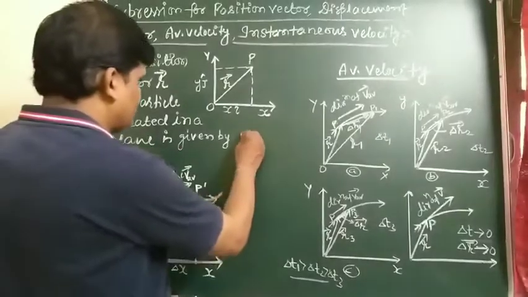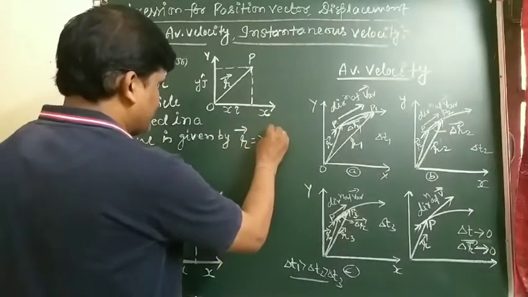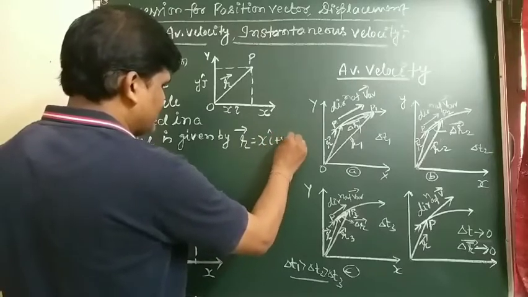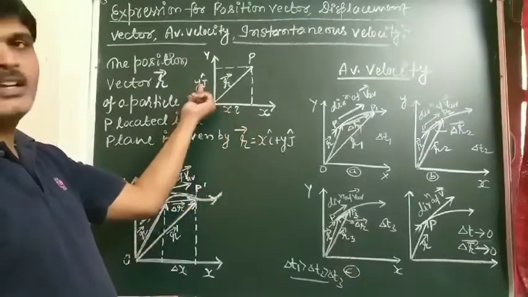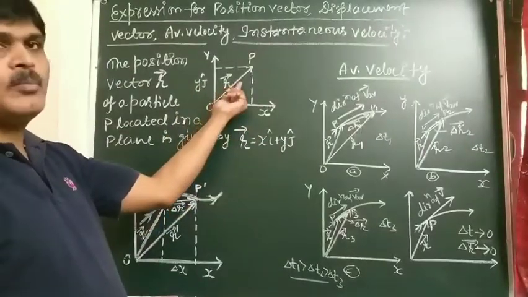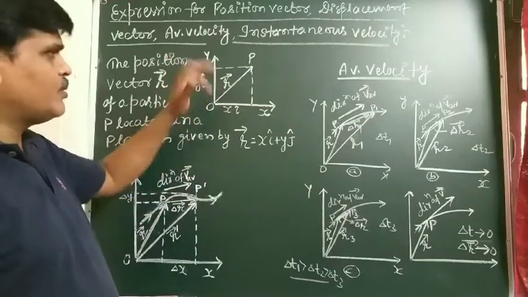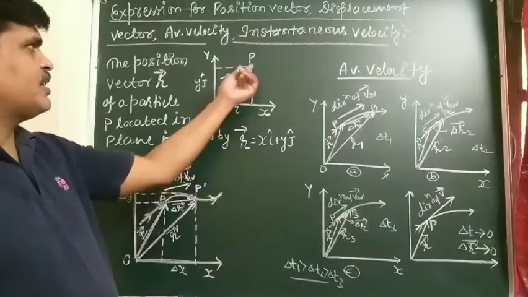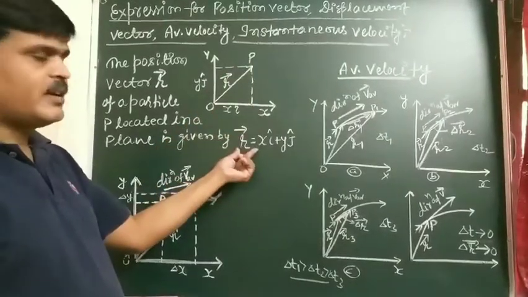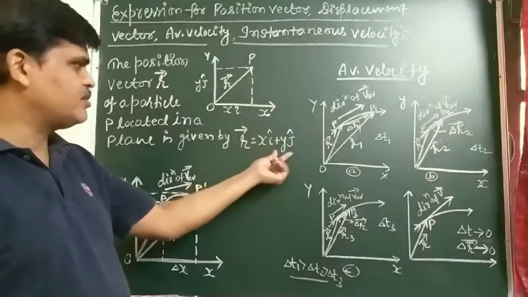You know that vector r equals x i cap plus y j cap, where x and y are the components of the position vector along the x axis as well as the y axis. So the position vector of a particle P can be written as vector r equals x i cap plus y j cap.